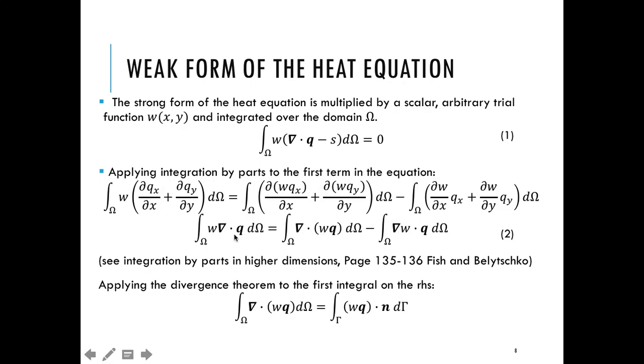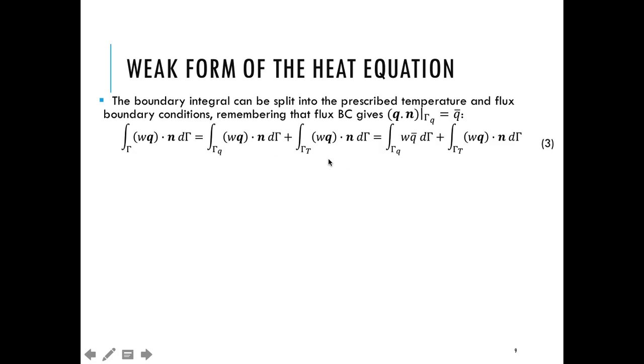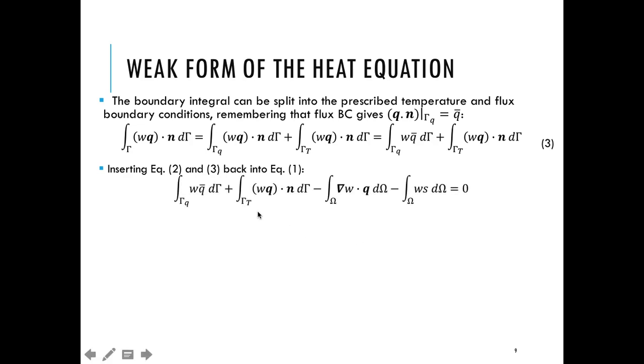Or finally this was the left term on my total strong form. So after all of this manipulation I can substitute these equations 3 and 2 into my equation 1, that is my entire strong form, so that I get this expression right here.